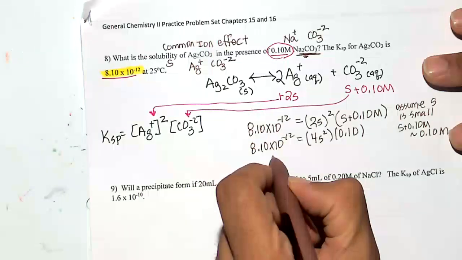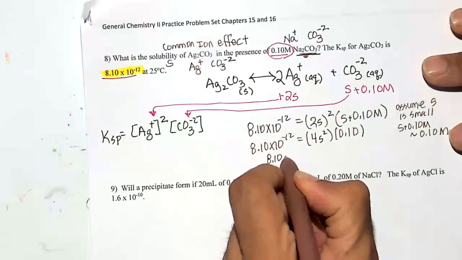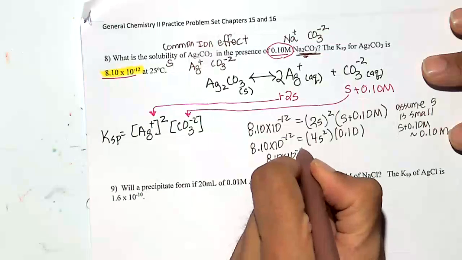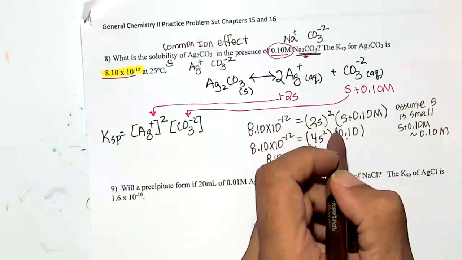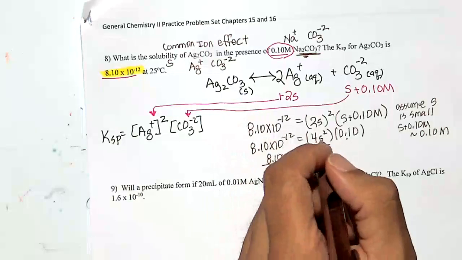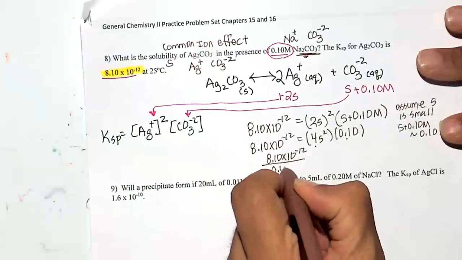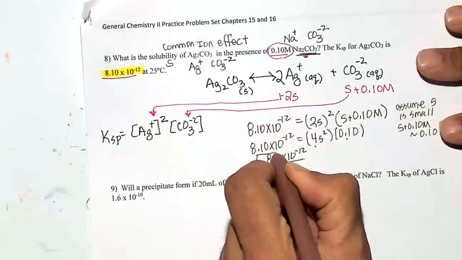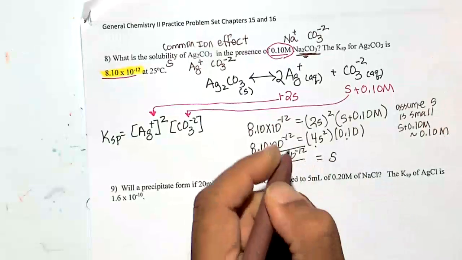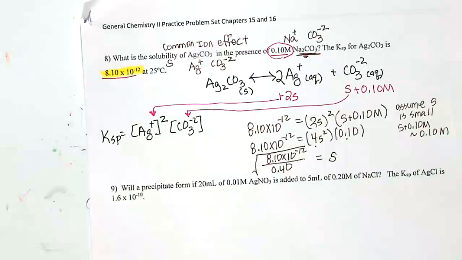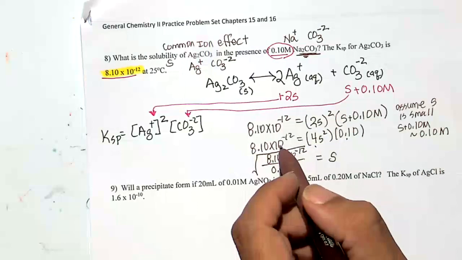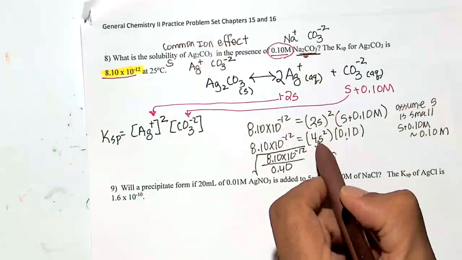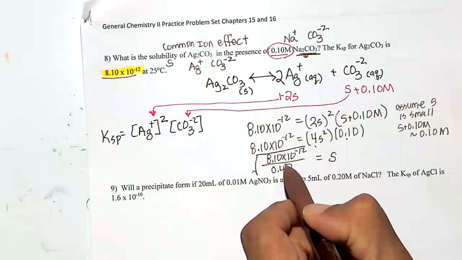And then we'll solve for S. Four times 0.1 is 0.4.